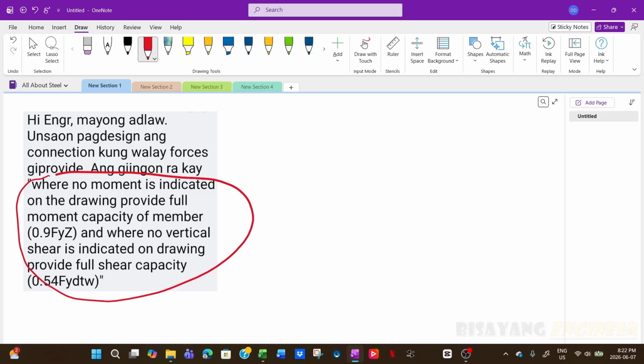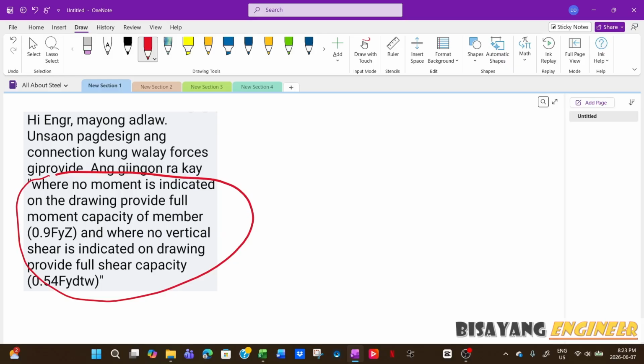when I first read this question, I knew exactly where this project location is. I asked him, is this in the US or Canada? Because this is really common here. Not all connection design, but especially for larger projects, most engineers here will delegate the design of the connection to a specialty engineer.